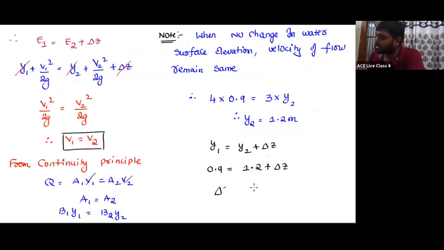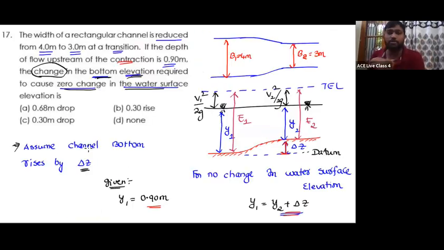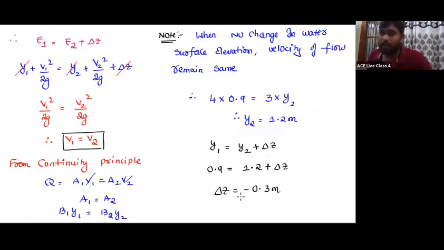Delta Z is nothing but minus 0.3 meters. Everybody have a look now: what is the delta Z I got? Minus, because I assumed the channel bottom rises by delta Z. So as I assumed a rise, the value that I got is a minus value.